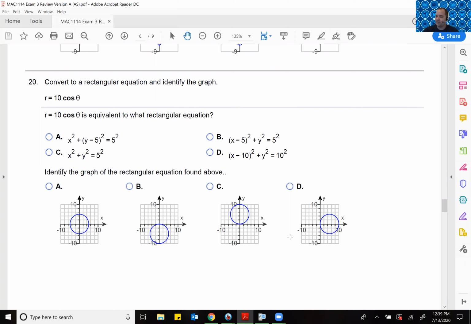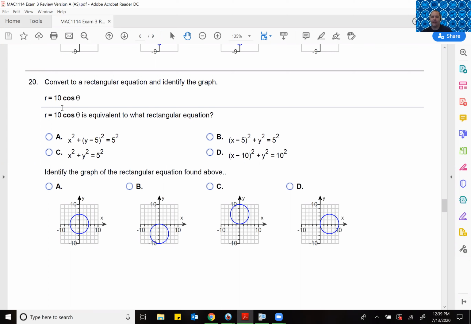So the only question is, how do we get to the equation? All right. So here's how you're going to get to the equation. This guy, we need to turn it into something that we can work with.